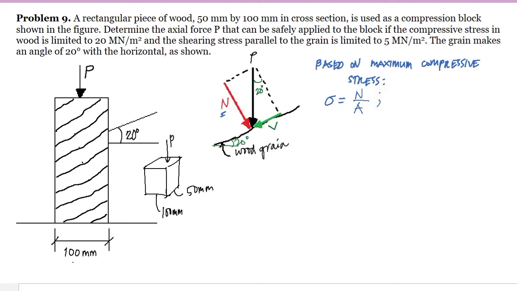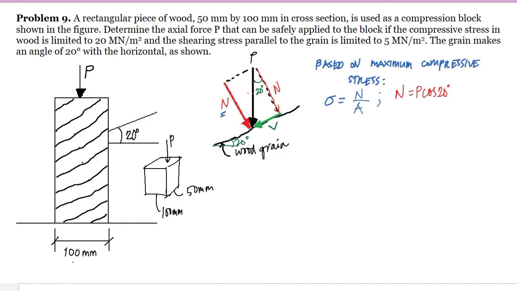If this is N, this side here is also equal to N. So kung makikita natin dito, if this is P and this is N is adjacent side of 20 degrees, meaning N is equal to P cosine of 20 degrees.